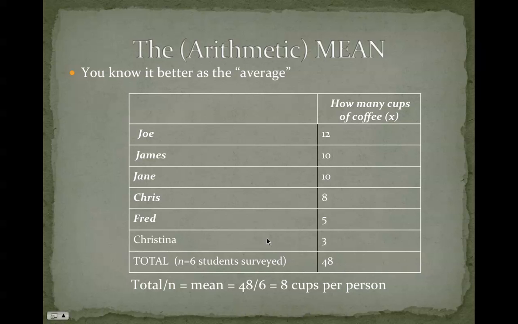I had 6 tanks of gas, and I ran my gas tank all the way down to 0, and this is how many miles I made it, for example. So if I made it only 12 miles, I would have had this many miles per tank of gas. So anyway, long story short, there's a number of ways you've done this probably in daily life, and you just have not really realized it. But again, you're taking the total number divided by the n, which is 6, and that gives you your mean or your average, and that's 48 divided by 6 equals 8 cups.